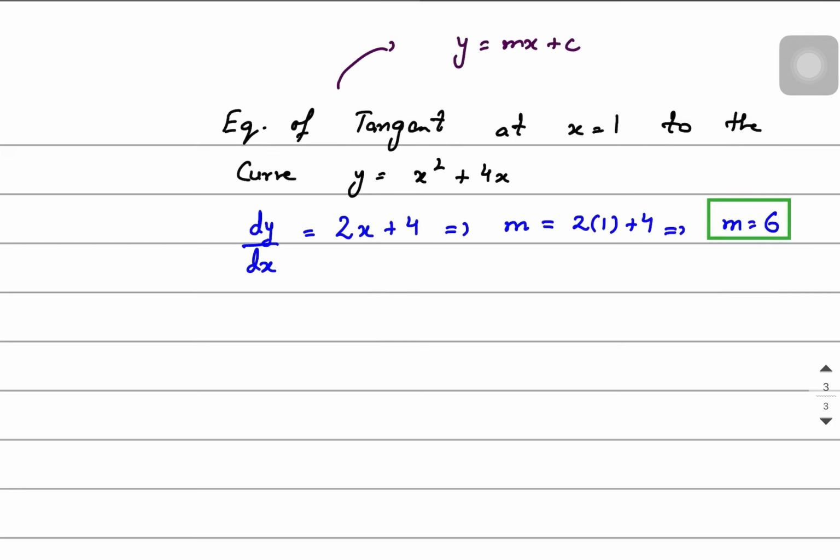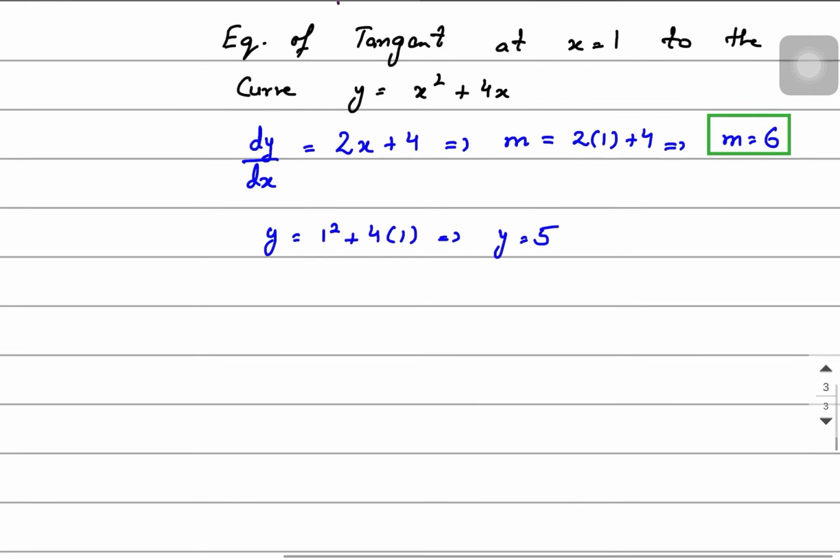So to find out the equation I need c, and to find out c, I need the value of x and y. So x is 1. I would write y equals 1 square plus 4 times 1, then y equals to 5. So my equation is y equals mx plus c.